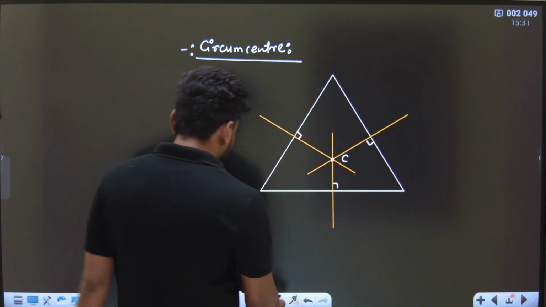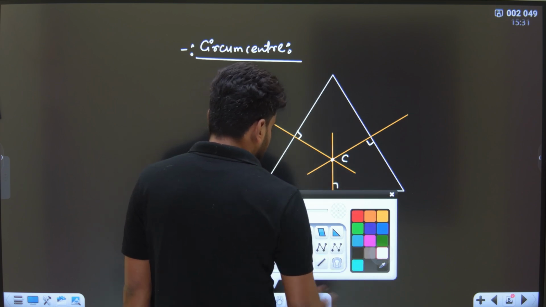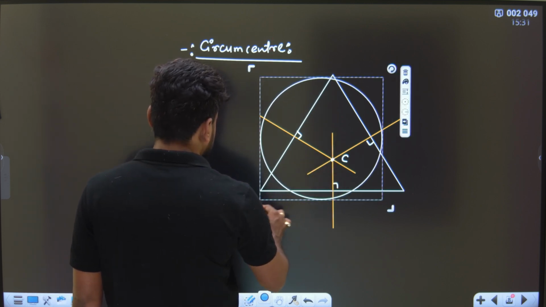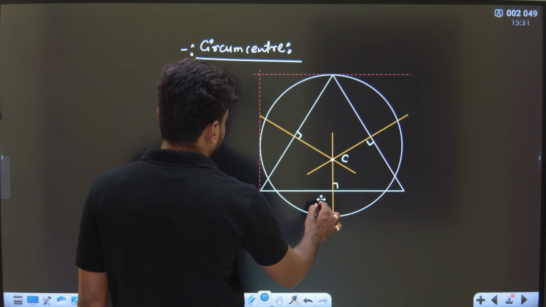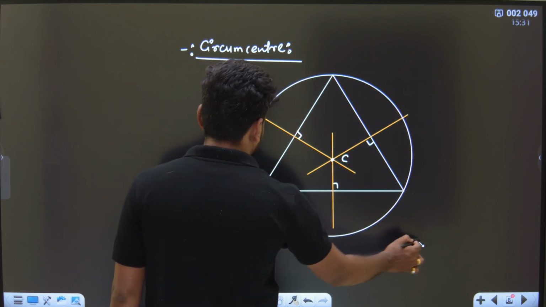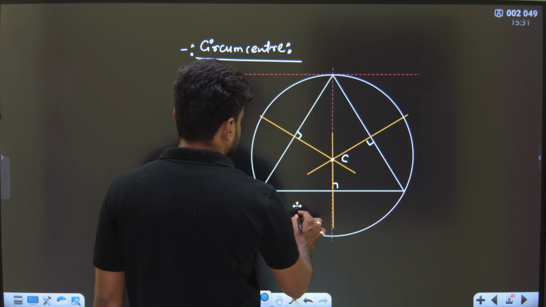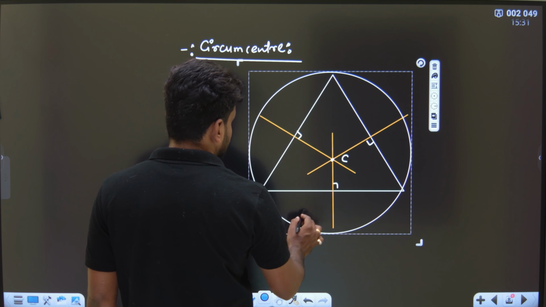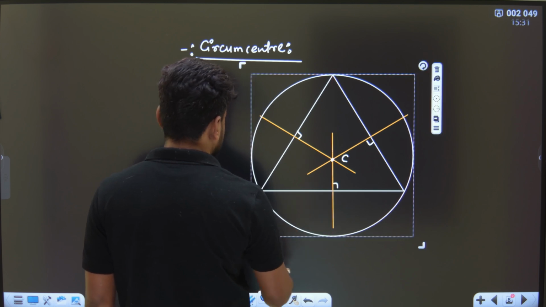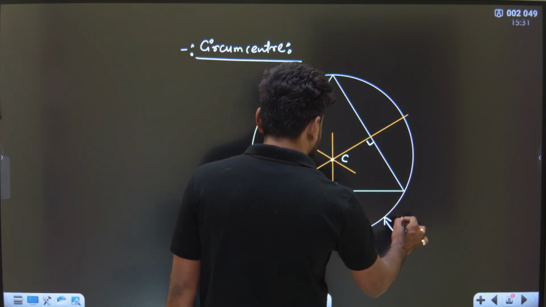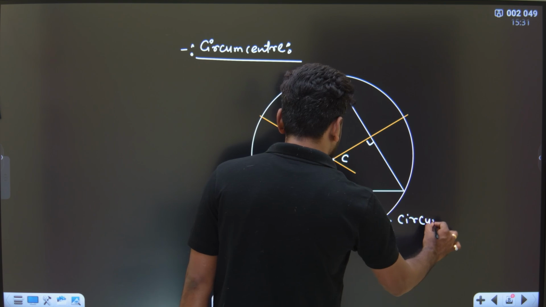Okay, and more information I want to tell you is that the circle centered at the circumcenter passes through all the vertices. This circle is known as the circumcircle.